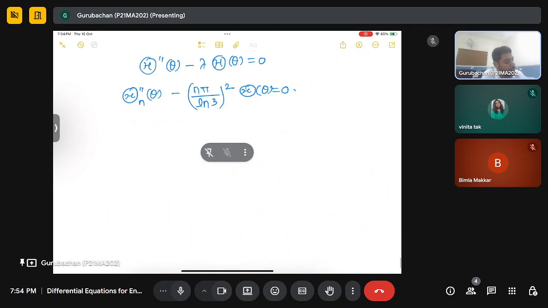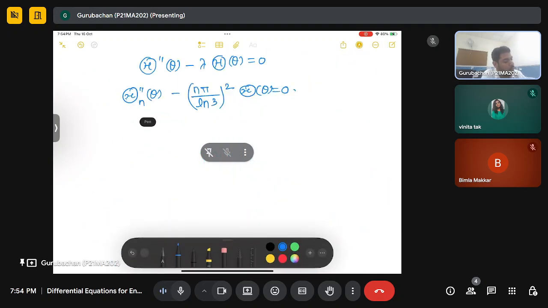It is this one. So its auxiliary equation will be m square minus (n pi divided by ln 3) square, which will be 0.